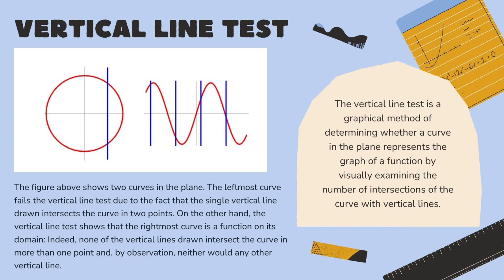Notice that the left graph shows that the curve touches the vertical line in 2 points, so it means it is not a function. While on the other hand, the next graph on the right side, the curve only intersects the vertical line at 1 point, so it means that it is a function.